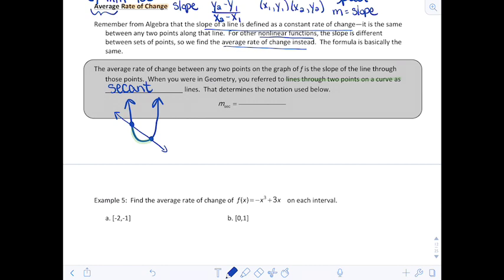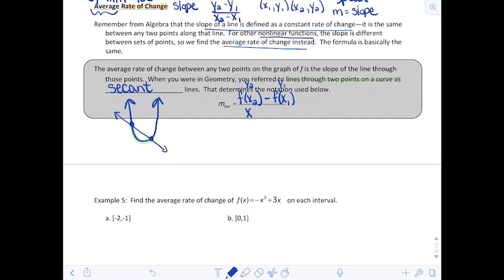That's going to determine this notation used here, which will be this. M stands for slope, SEC stands for secant, just so you can understand that. We're going to take f of x sub 2, which would really be your y sub 2, just like we remember from Algebra 1, minus f of x sub 1, which is really like y sub 1.